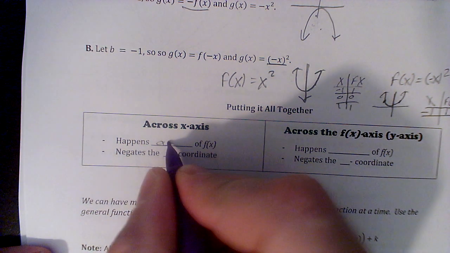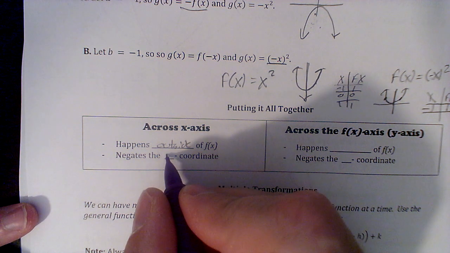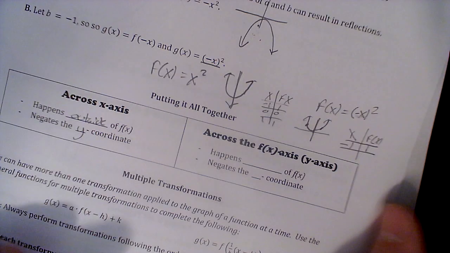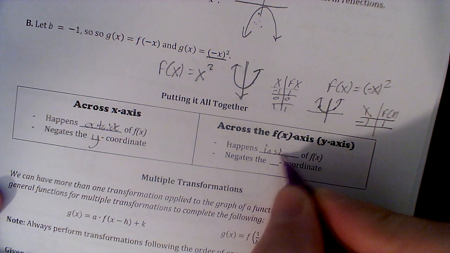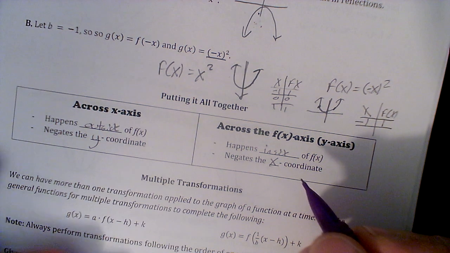So that's going to be outside the function. And it negates, that means makes opposite, the y coordinate. Alright, across the y-axis happens inside the function. And it negates the x, that means it makes the x the opposite.